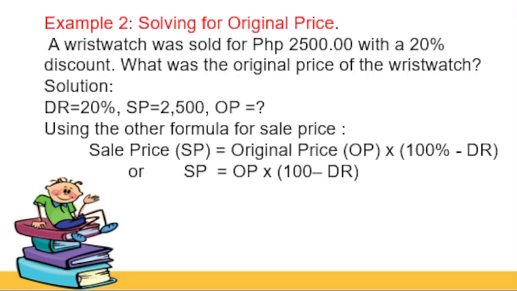That is the one that I said a while ago, that percent meaning 100. That's why we have to subtract the given discount rate, the 20, from 100. And again, to rewrite, that is OP times 100 minus 20 by substituting it.